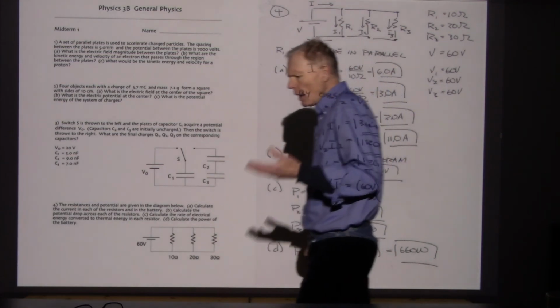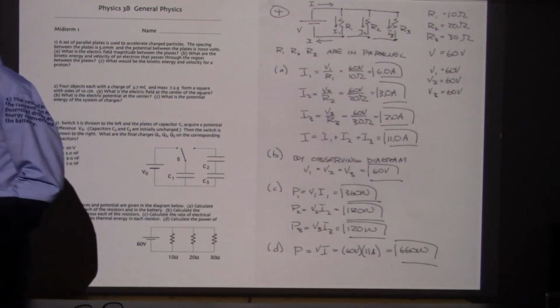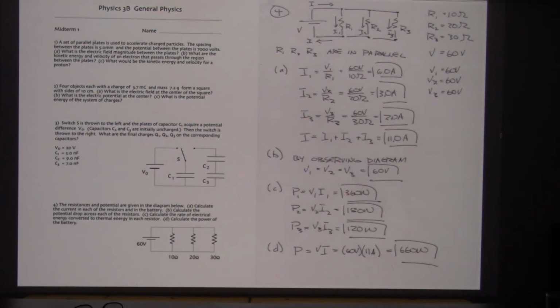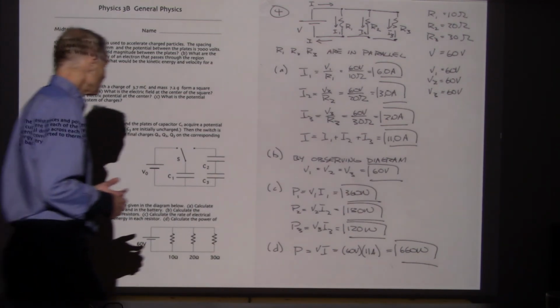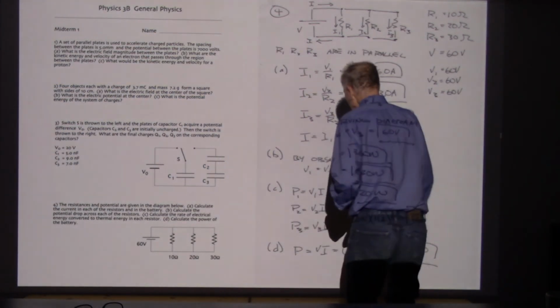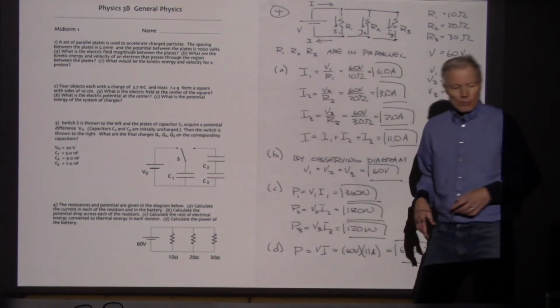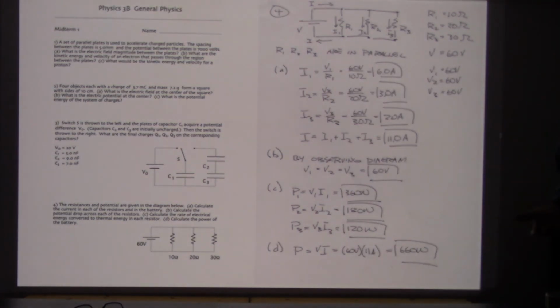Now, when we talk about how powerful that battery is, power is not an inherent property of a battery. A battery's properties are really its voltage. And the voltage is determined by the chemical reactions that are being run within the battery.